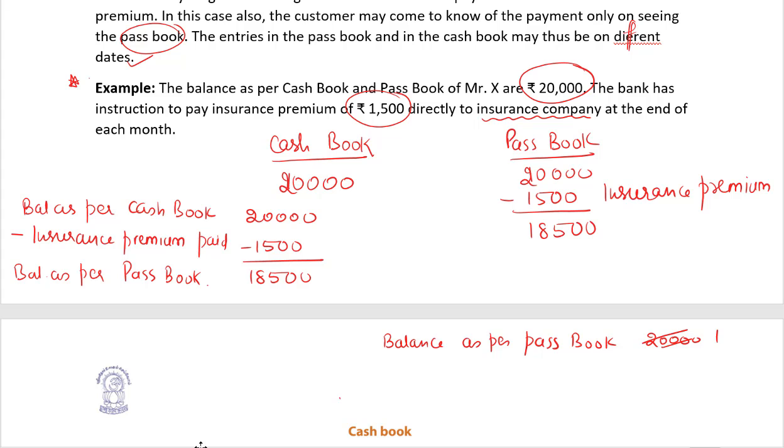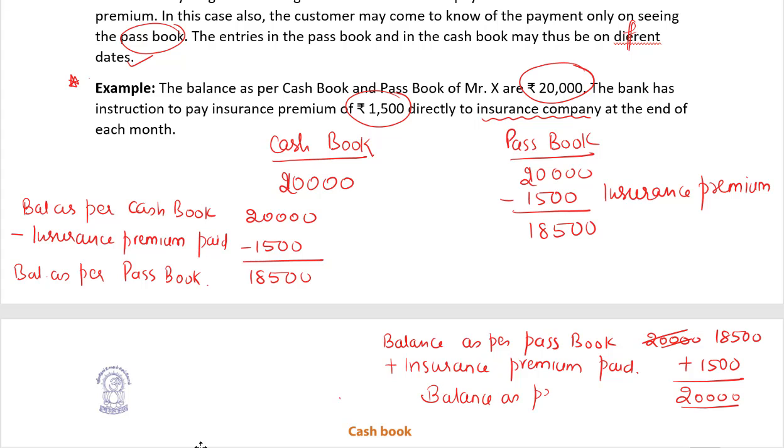So over here the balance as per passbook is 18,500. As per cash book the balance is 20,000. Do what the other has done, so we have to add 1,500 over here. We will write add insurance premium paid, and this balance will be the balance as per cash book.